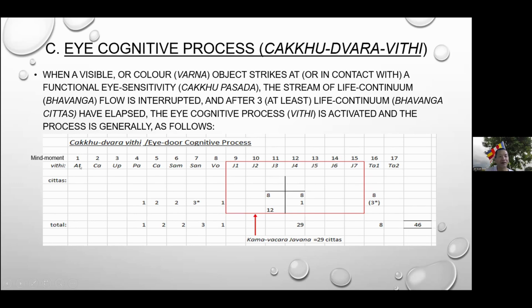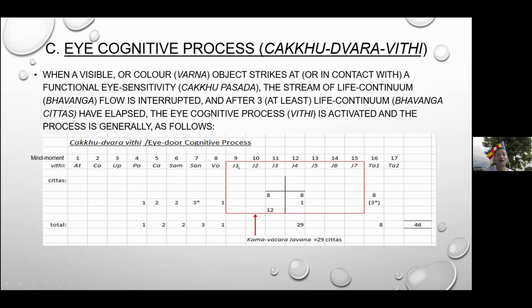It starts with Atita Bhavanga, then it is followed by Bhavanga Chalana, then Bhavanga Upacheda, then Pancha Dwara Vajjana, followed by Cakkhu-Vijnana, Sampaticchana, Santirana, Votthapana, and then 7 in a series of Javana, then Tadarammana. So in total 17.